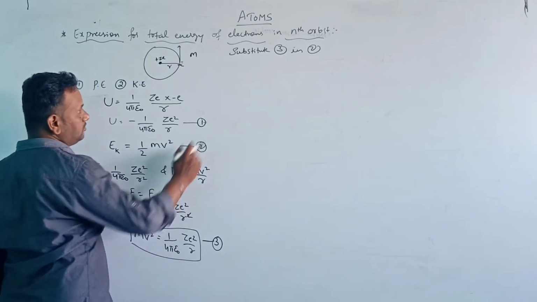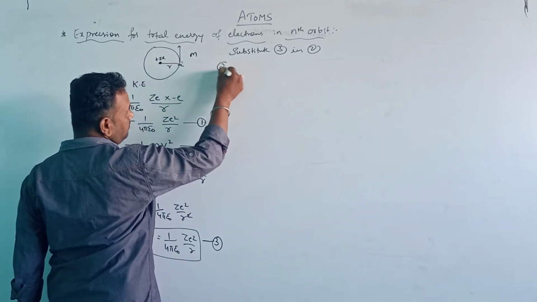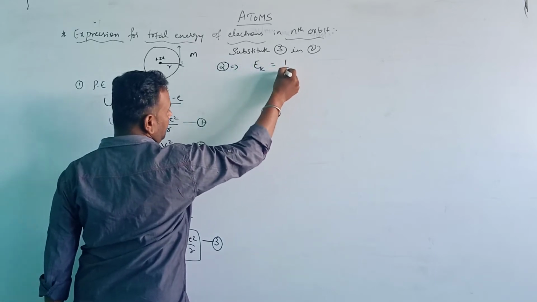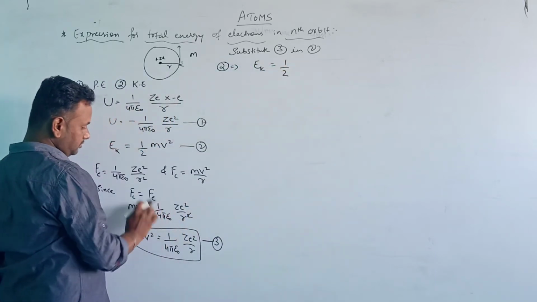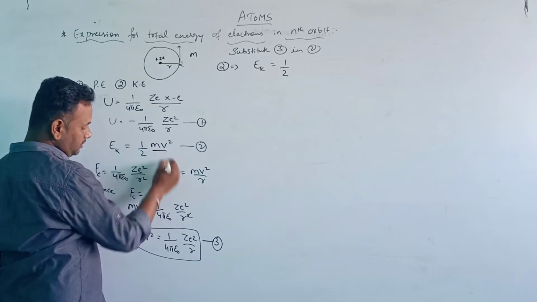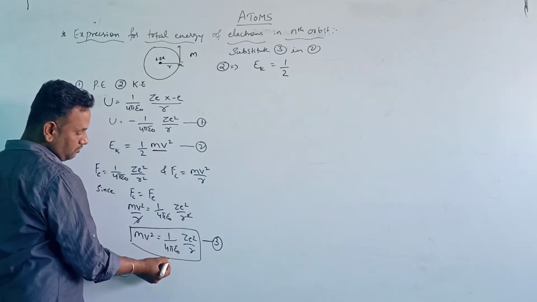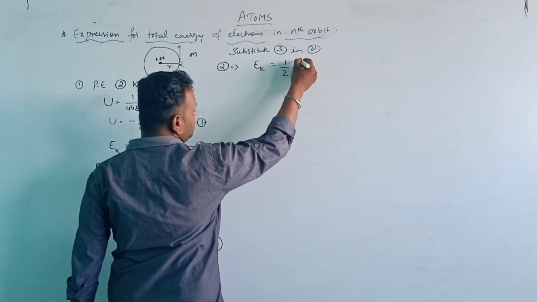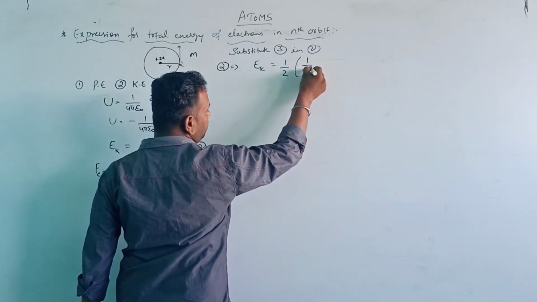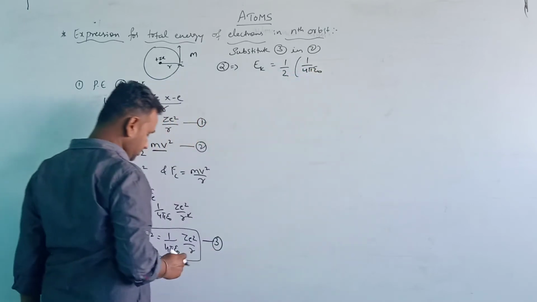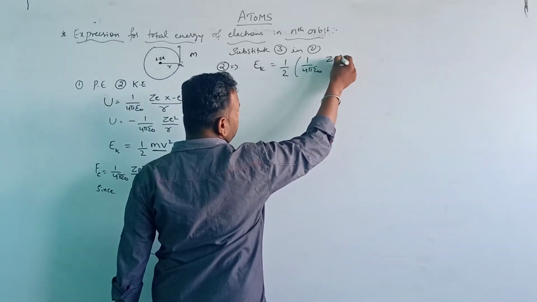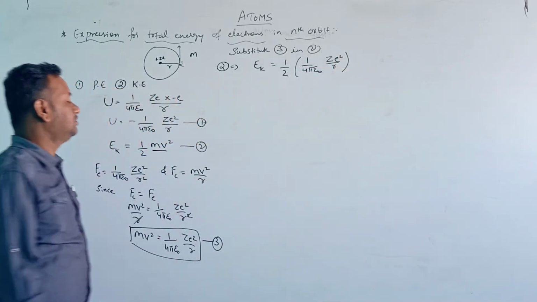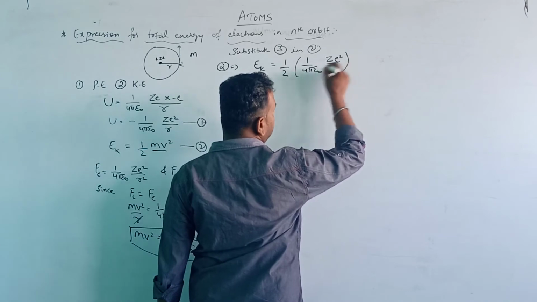So the kinetic energy is equal to half mv square, and the value of mv square is 1 by 4 pi epsilon naught Ze square divided by r. So kinetic energy is half into 1 by 4 pi epsilon naught Ze square divided by r.